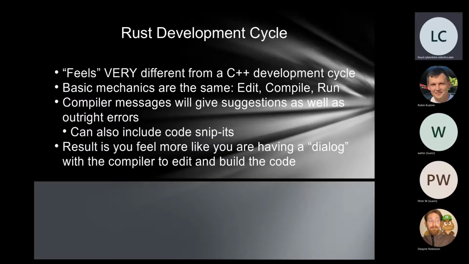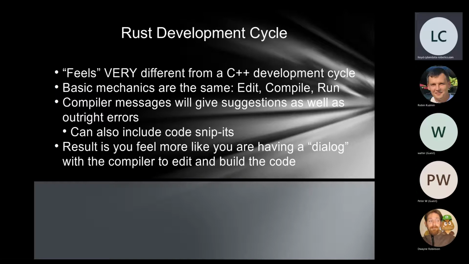Okay, the development cycle is also very different from C++. You still have the same edit, compile, run, basic mechanics of any compiled language. But the way this works with the language server and the inline comments gives you a much different feel. You feel like you're having a dialogue with the compiler every time you save, edit, and build.